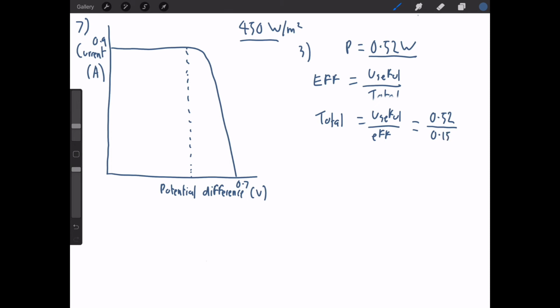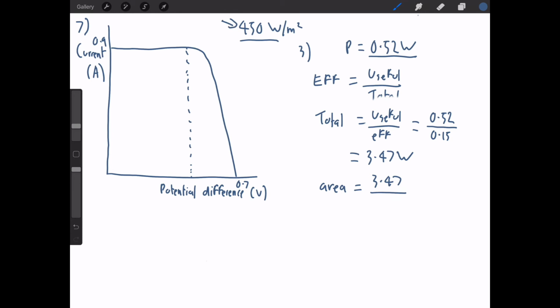It's not a percentage, so that's absolutely fine. And that gives me a total power of 3.47 watts. Okay, so what do we do with that? Well, I want to work out the area. So the area is simply our total power divided by this number up here, which is what we're told that it's working out.